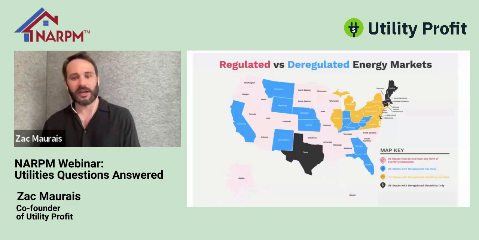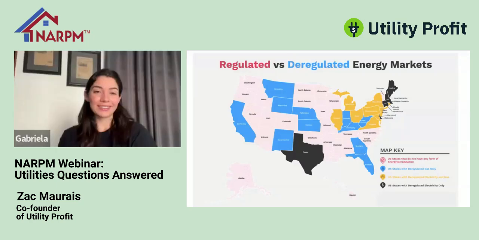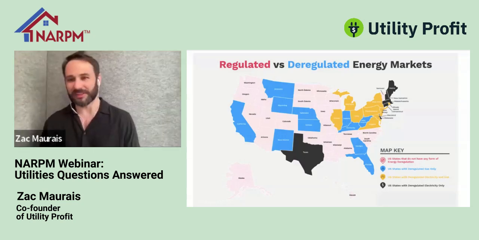Texas, for example, being deregulated for electric, has over 40 different providers that all have different rates and different ways they depict them. Sometimes it's variable depending on the time of day, and sometimes they have simple contracts for how much it costs.